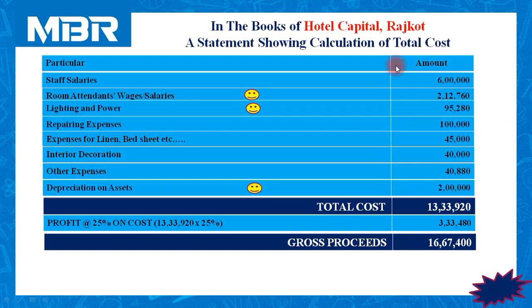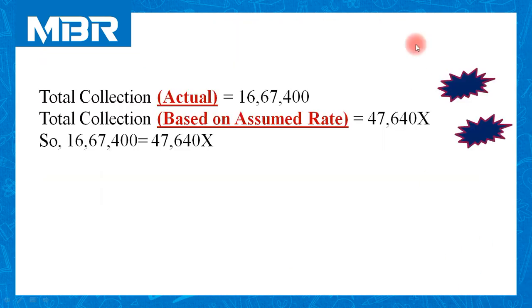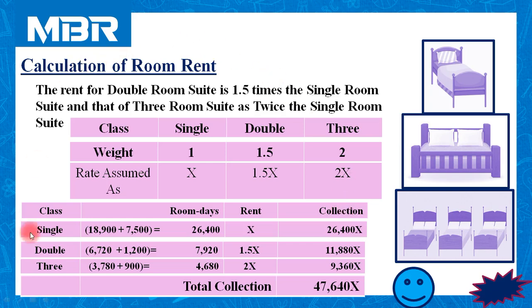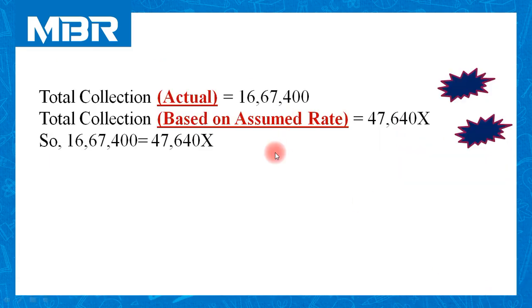You can check this table to find the amount of actual gross proceeds. Total collection based on assumed rate: you can check the assumed collection 47,640x. Right from the very first question onwards, we are comparing these two.